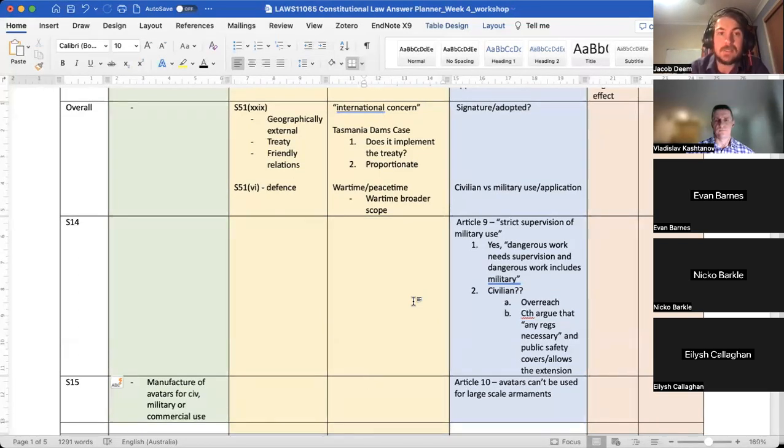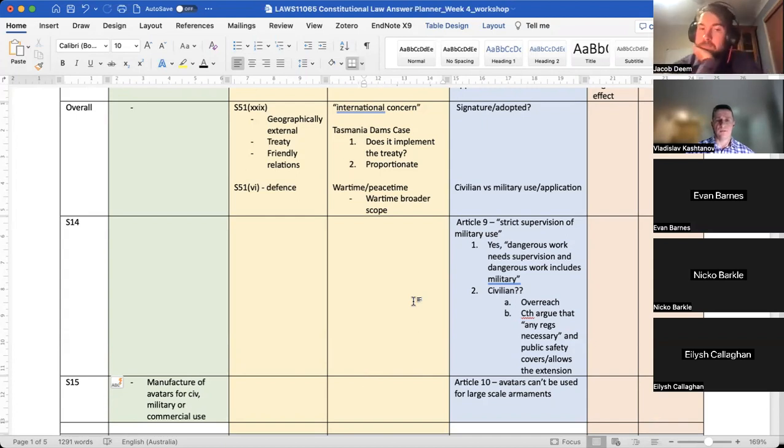Any other external affairs questions? Also the geographical power, by arguing whether the Seas and Submerged Lands Act case is applicable here.